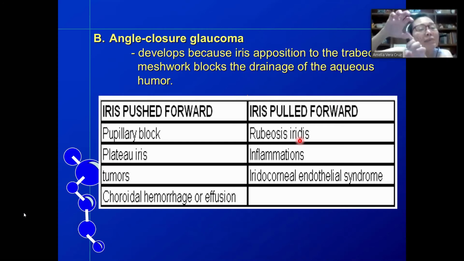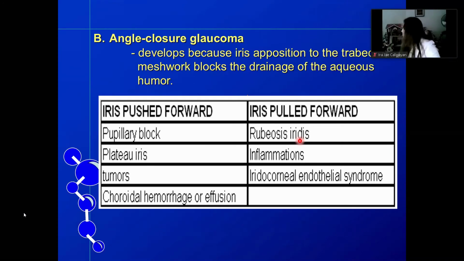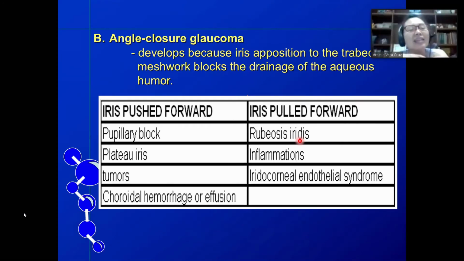Anong pinakamalapit sa kanya sa pupil? What part of the eye is nearest to the pupil? Lens. The lens. Kung saan siya malapit, didikit yan. Ganyan ang iris. Madali siyang dumikit pag inflame siya. Kahit saan siya malapit. So kung ang rubeosis sa may iris, sa may pupil, didikit yan sa lens, it will cause pupillary block.